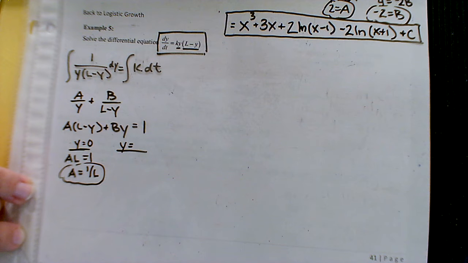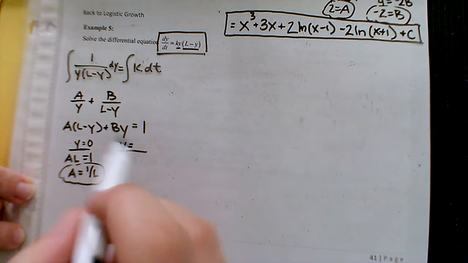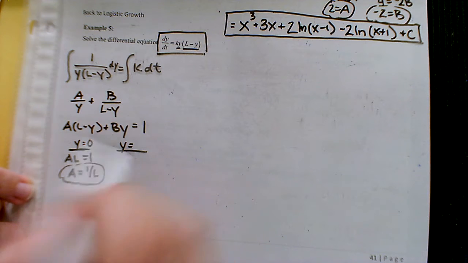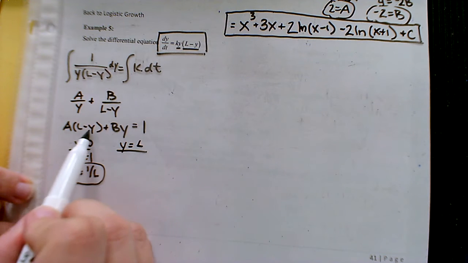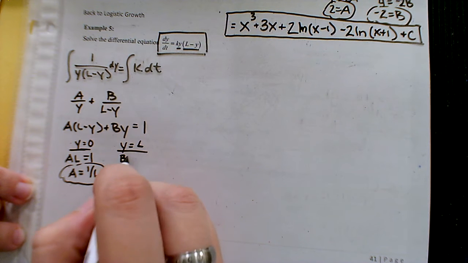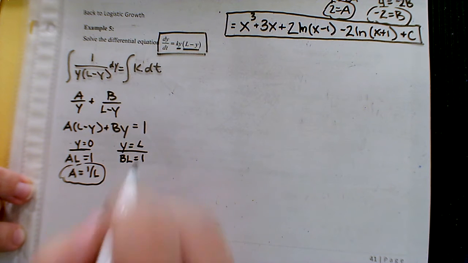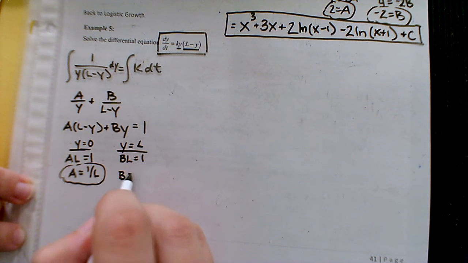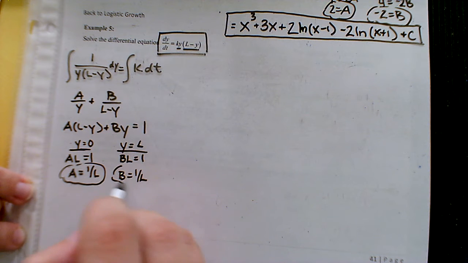This time we want to cancel out A. Yeah. That's okay. L. Yep. L minus L would be 0. So it would cancel out that A. So we'd be left with B times L equal to 1, which means B is also 1 over L. We happen to get the same value.